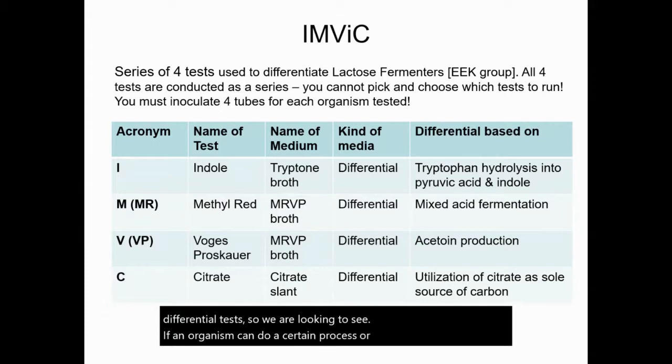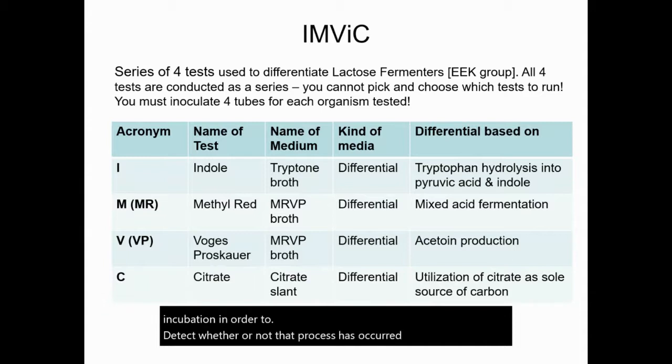Does it have a certain enzyme or not? Again, differential means anything can grow, it's just going to grow differently, or we'll be adding reagents or chemicals to the media after incubation in order to detect whether or not that process has occurred.